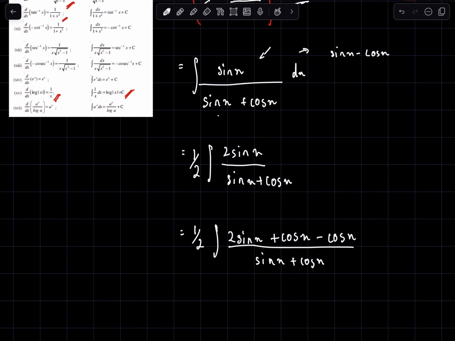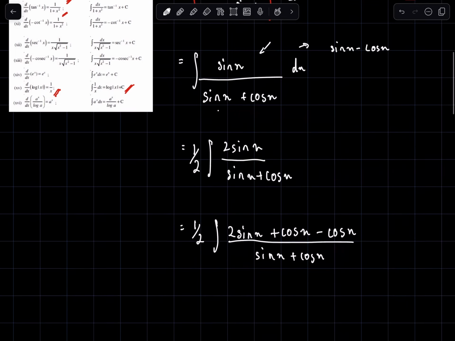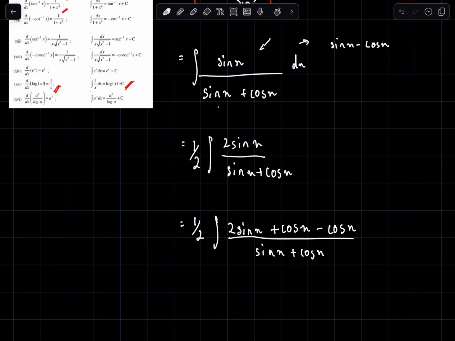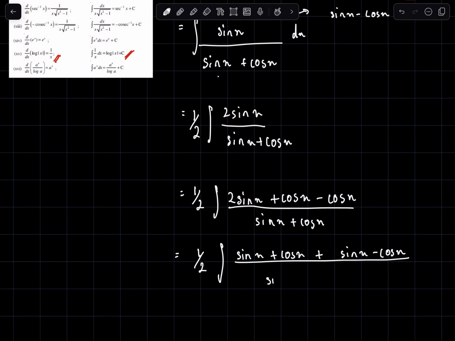Now we spread them. We give each cos its own sine. So we say the integral of 1 sine to 1 cos, so sine x plus cos x, plus again sine x minus cos x, the whole divided by sine x plus cos x.